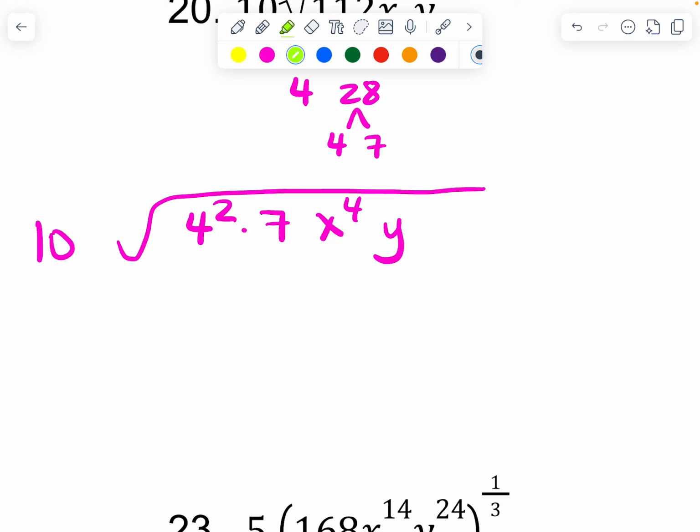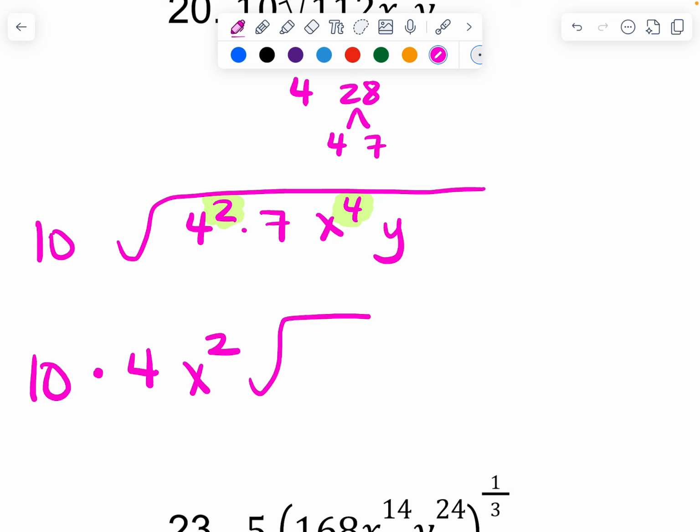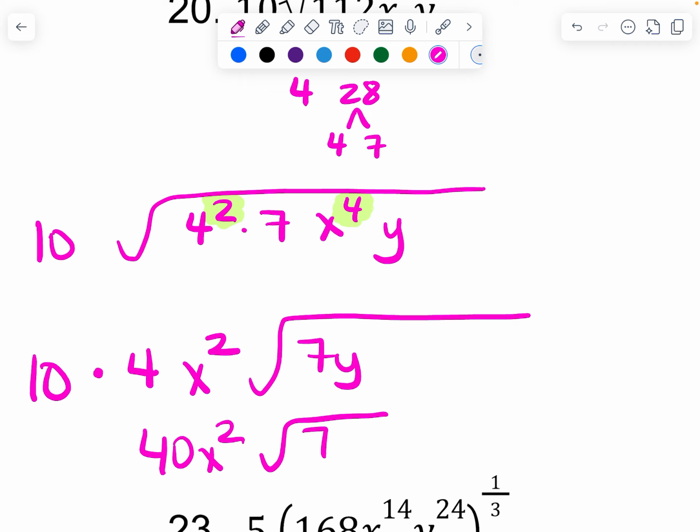This is divisible by 2. This is divisible by 2. So I have 10 times 4 times x squared. You divide the exponents by 2. Square root of 7y. So I have 40x squared, square root of 7y.